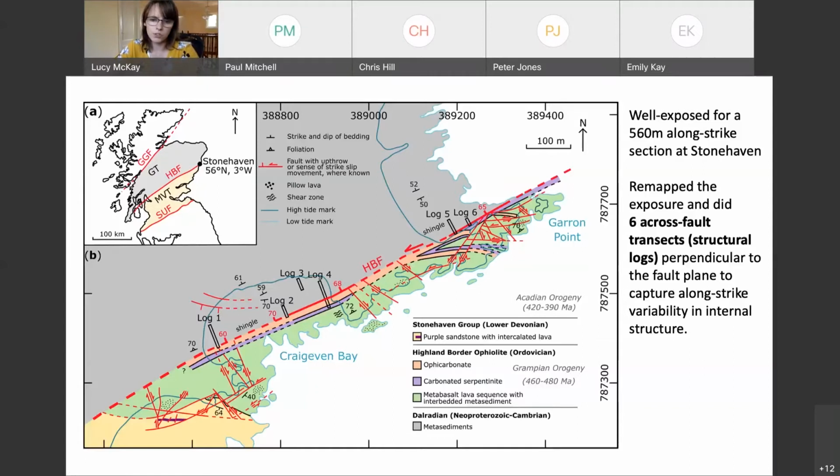So early motion during the Grampian orogeny was thought to be reverse, and then it was reactivated in sinistral strike slip during the Acadian. But the magnitude of strike slip motion has been debated. And it wouldn't be surprising if there were other minor motions at a younger age associated with North Sea extension or North Atlantic opening, etc.